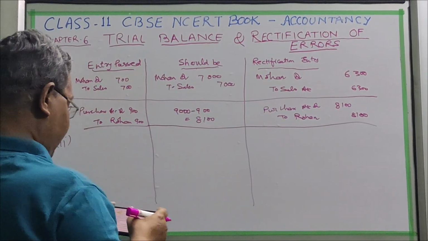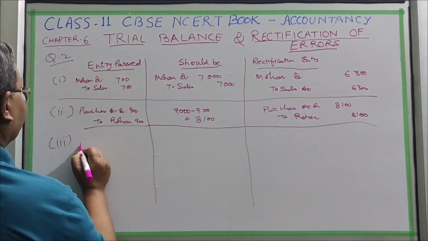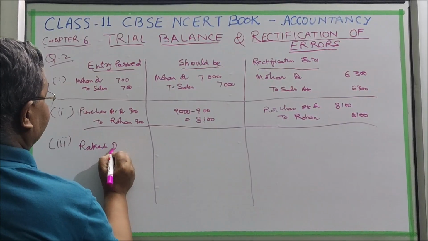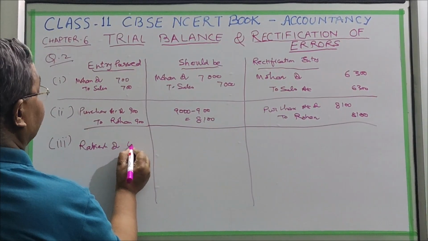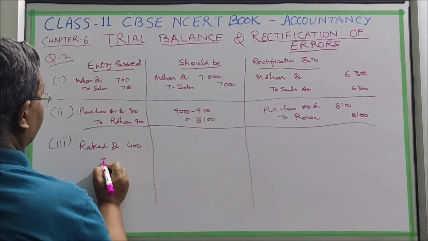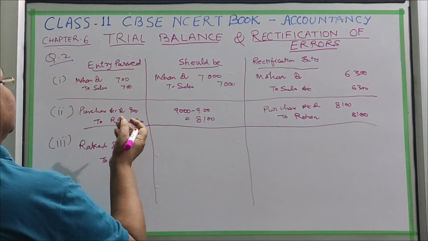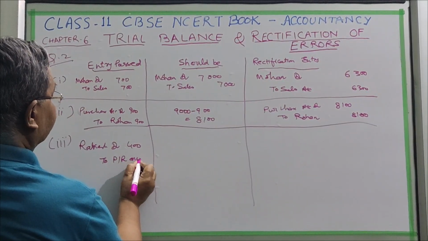Like goods returned to Rakesh. So Rakesh debit. Goods returned to Rakesh, Rakesh is the receiver. Rakesh debit 4,000 were recorded as 400, to goods. Which goods will we return? Which we have purchased, to purchase return account.